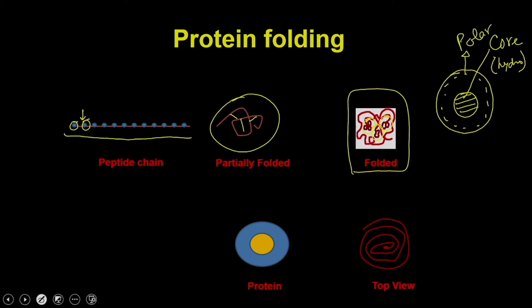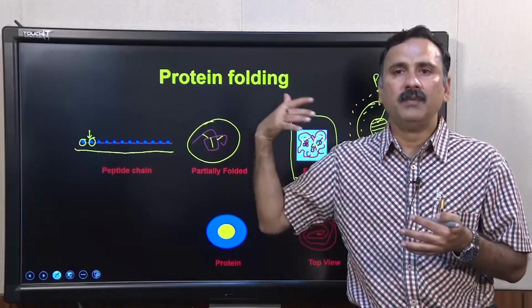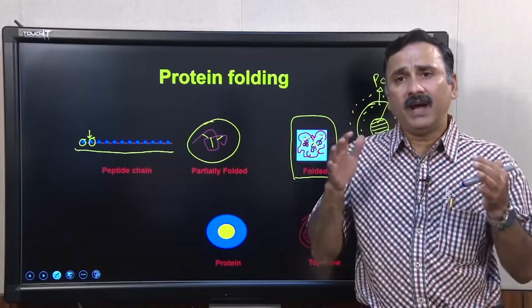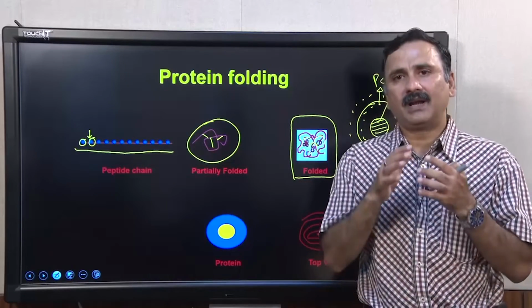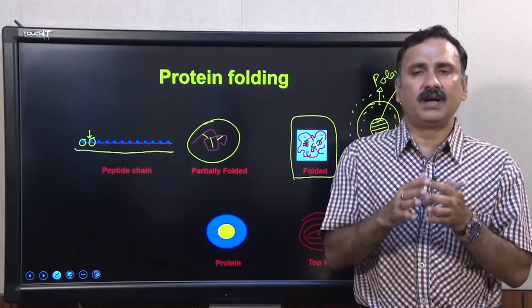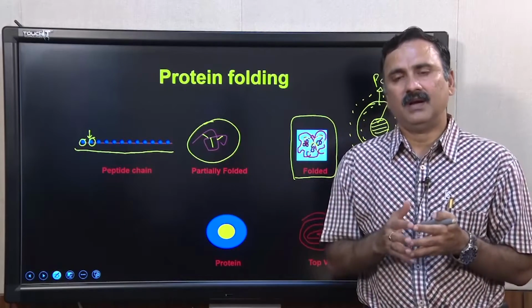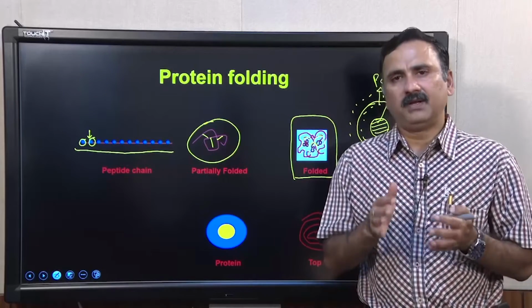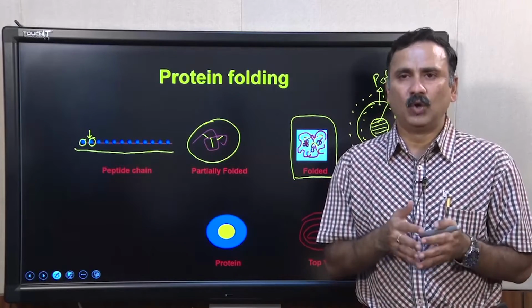This arrangement happens because you have water outside, and all the polar amino acids love water. So you have the hydrophobic core in the center and the hydrophilic periphery, and mostly the proteins arrange their amino acids around a central axis. That is true for most globular proteins.